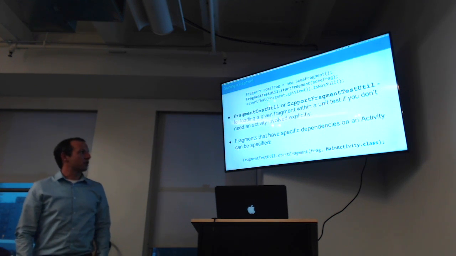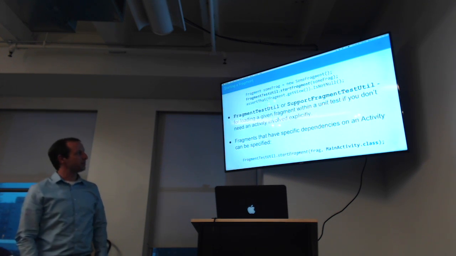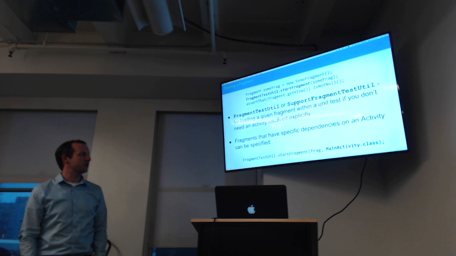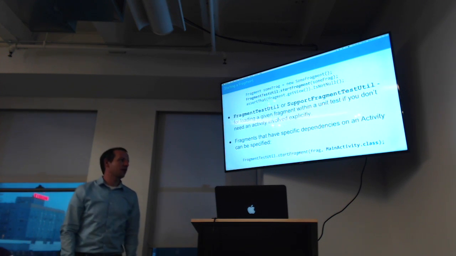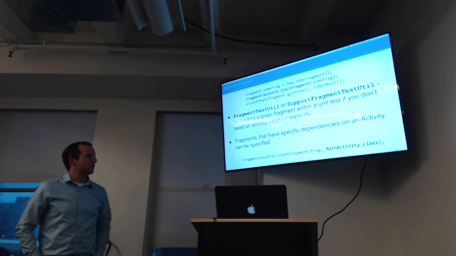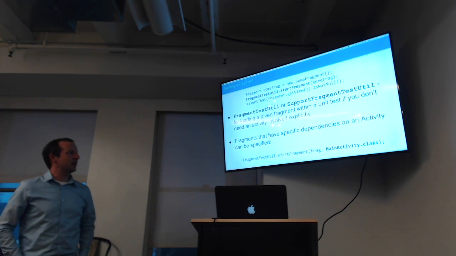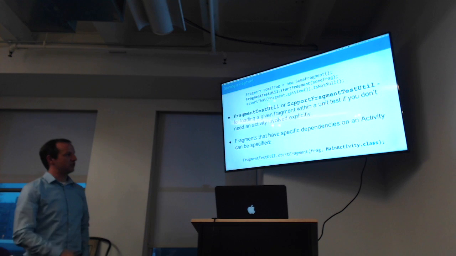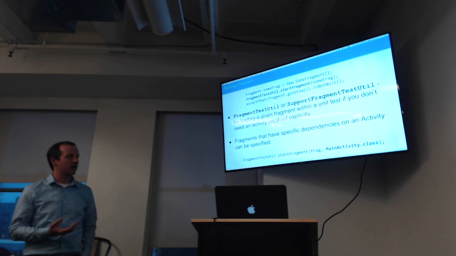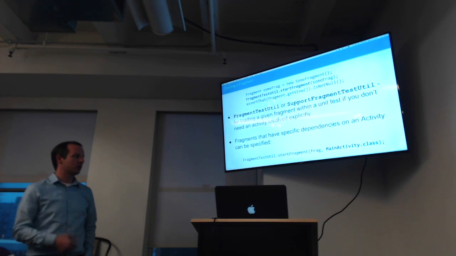Also, there's support for fragments. Somewhat similar, there's FragmentTestUtil, or SupportFragmentTestUtil for support compatibility fragments. You can basically do the same thing, and as I mentioned with the activity, you can have Robolectric create this fragment for you, and then run through any assertions.